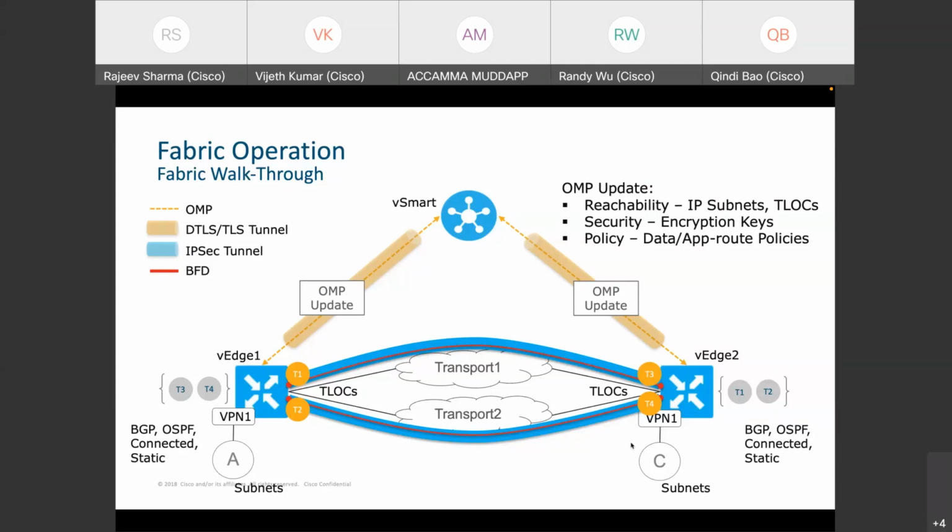And of course the centralized policy data and the app route policies, which the vSmart gets from the vManage, and in turn sends out to the VH devices in the OMP update between these two locations.